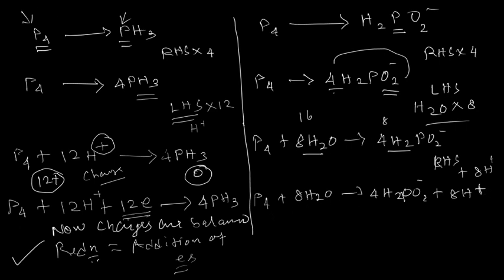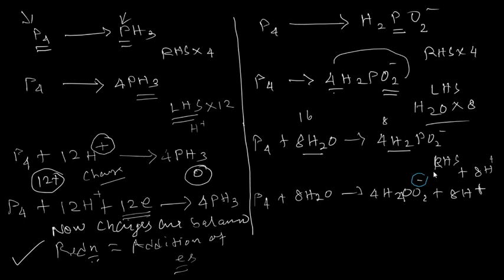On the RHS side, we have 8 H plus and 4 minus charges from the H2PO2 minus compound. So 8 minus 4 is equal to 4. We have a net charge of 4 plus on the RHS side.